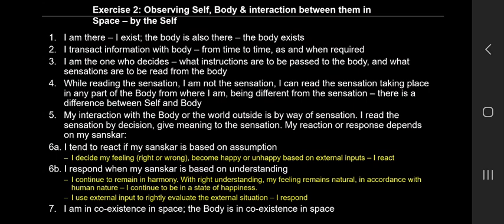So pure observer is a state where I can see myself directly. I can see the body. I can see space. I can see the coexistence of my body in space. And this is what we are discussing in exercise 1 and 2 through the help of steps.